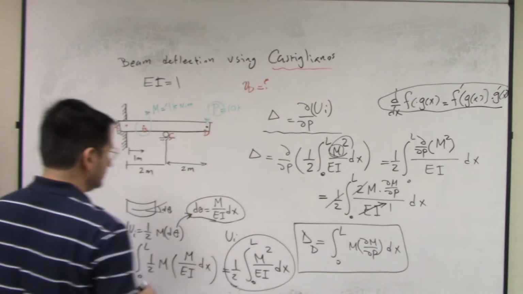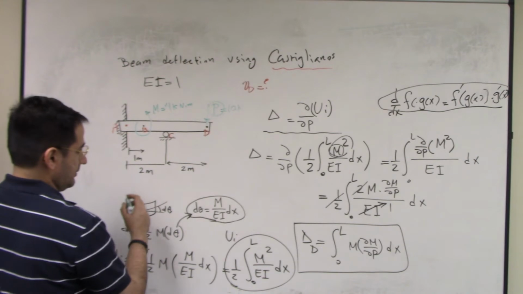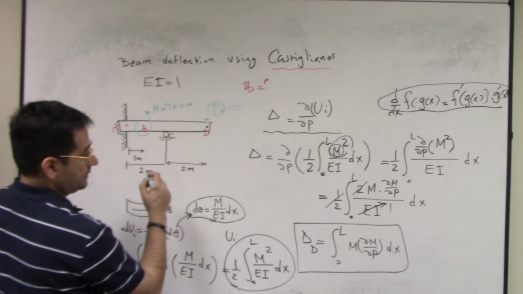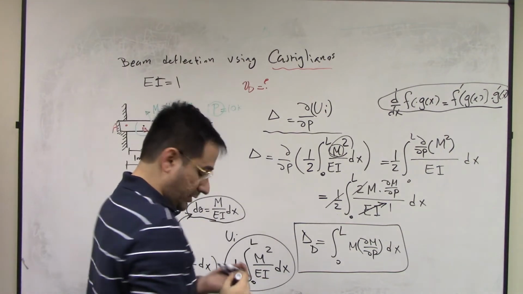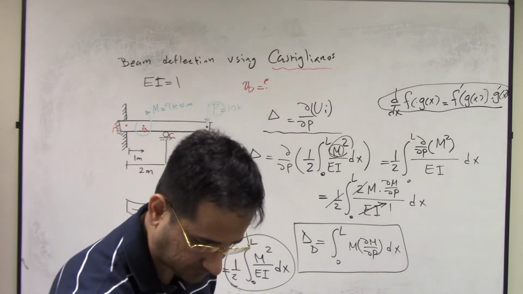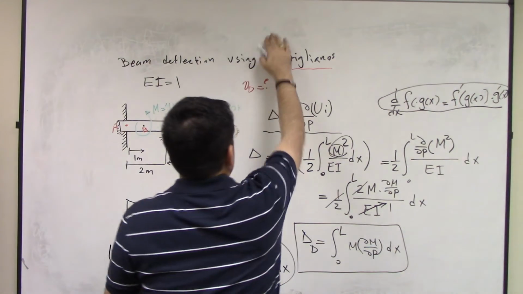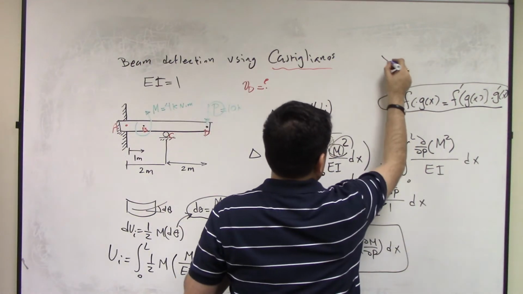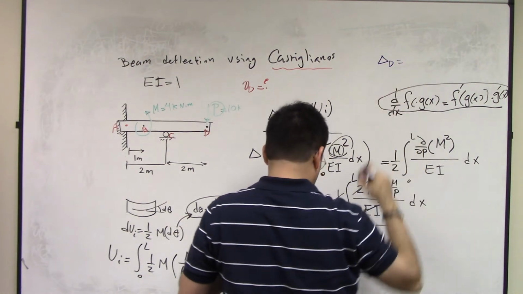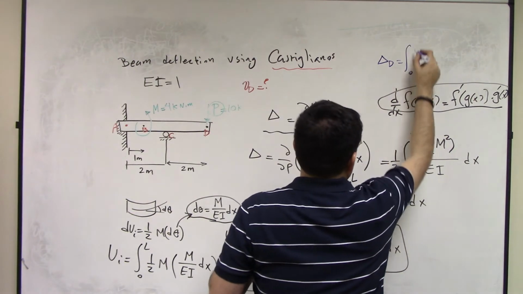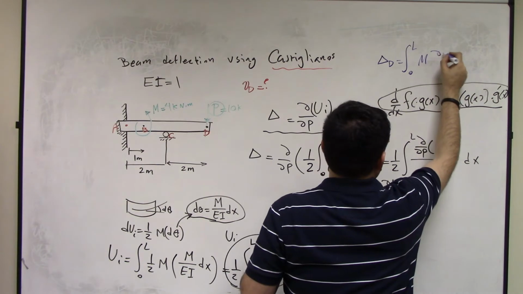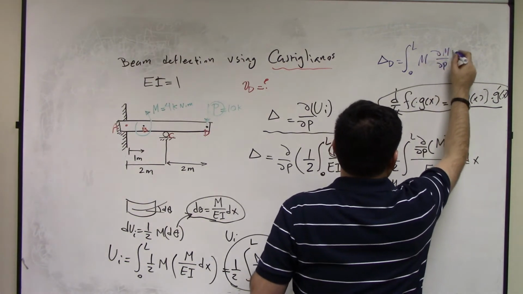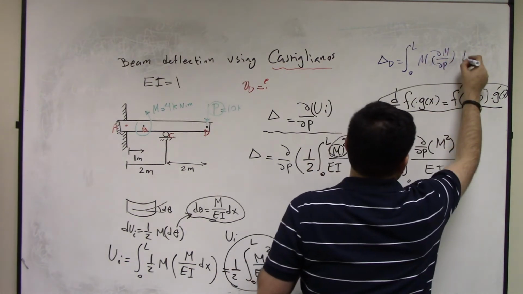So if I write that relation here, let's write delta. Let's get a better color. Delta at B is equal to integral from 0 to L of M times partial M over partial P dx.